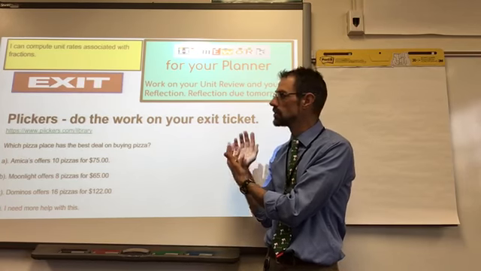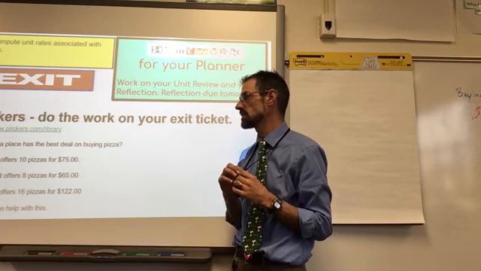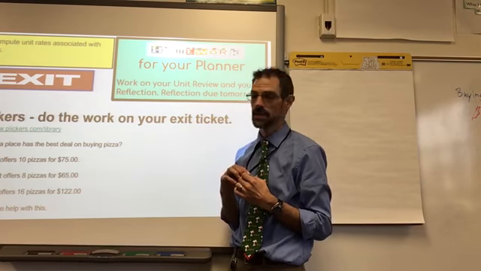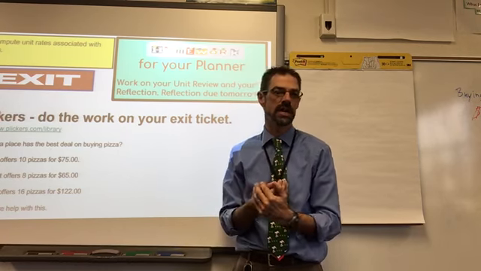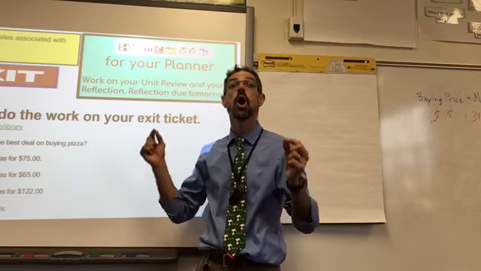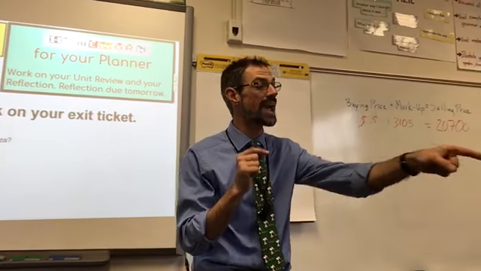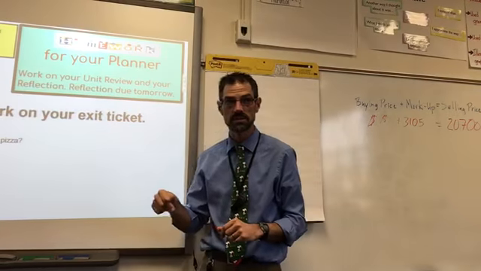So, your job is to answer the question, which pizza place has the best deal on buying pizza? You've got A, B, C, and then, of course, D. If you're stuck, you can put your plicker cards up when you're done. All your work goes in your exit ticket.